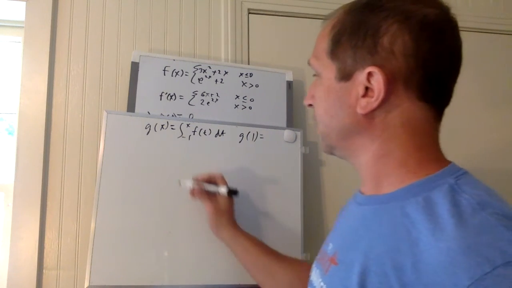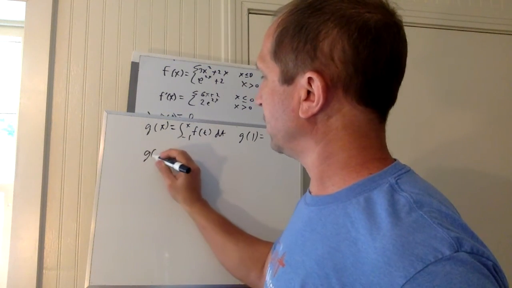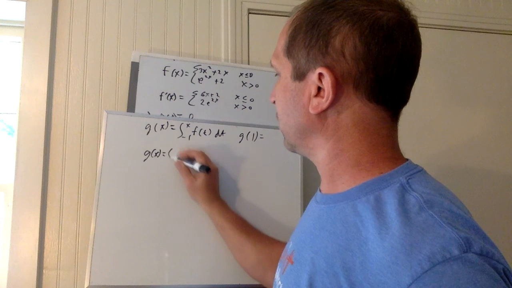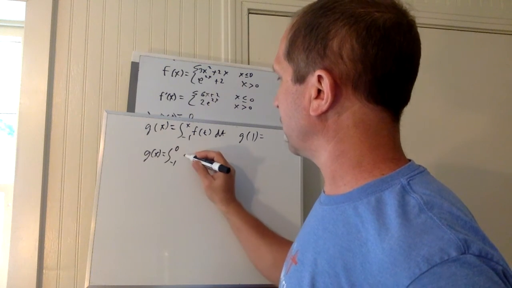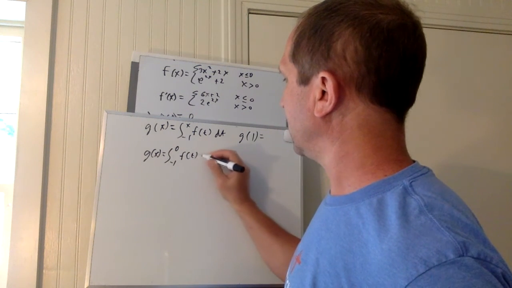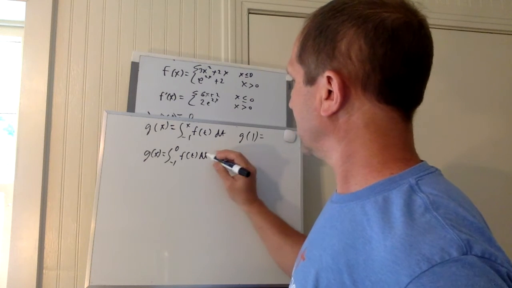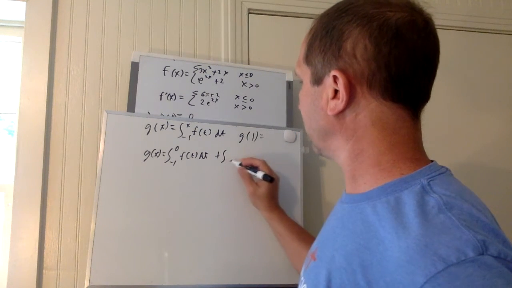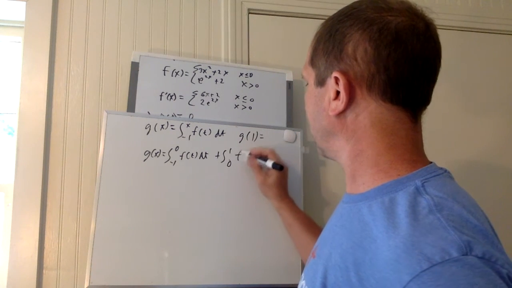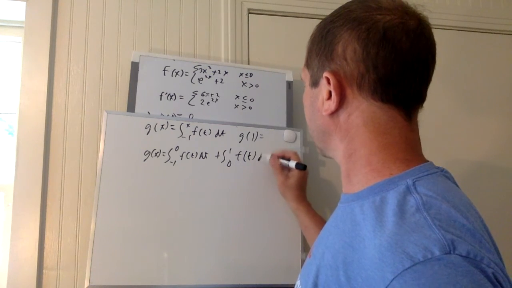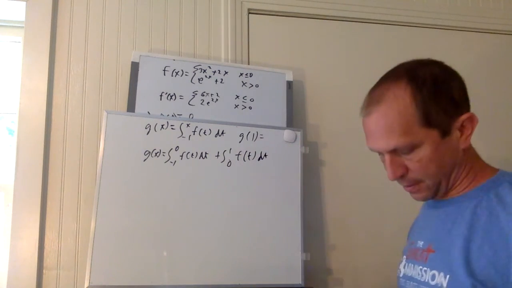So in this one, we know that g of x is going to be the integral from -1 to 0 of f of t dt plus the integral from 0 to 1 of f of t dt.